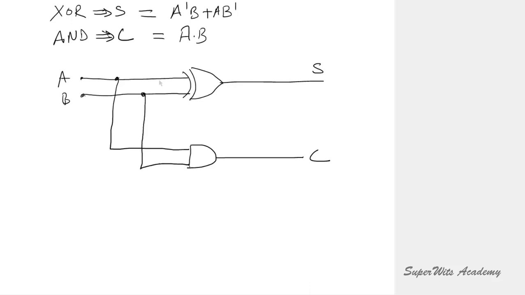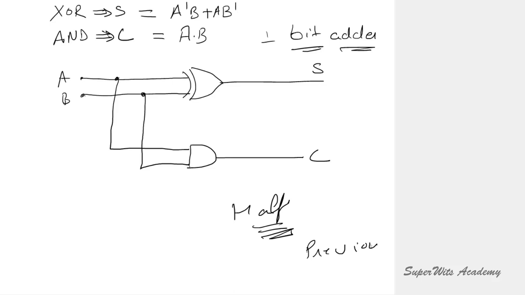So this is what becomes a 1 bit adder operation. We also call it a half adder because it is not taking care of the previous carry. That is the case of 1 plus 1 plus 1, which gives me 1 and 1, so we have to take care of that too.